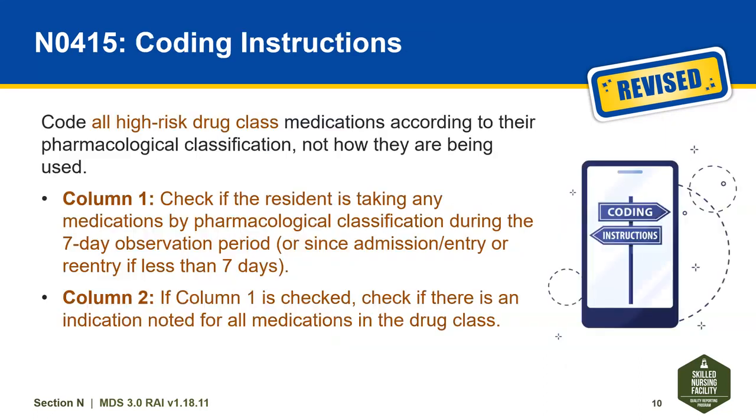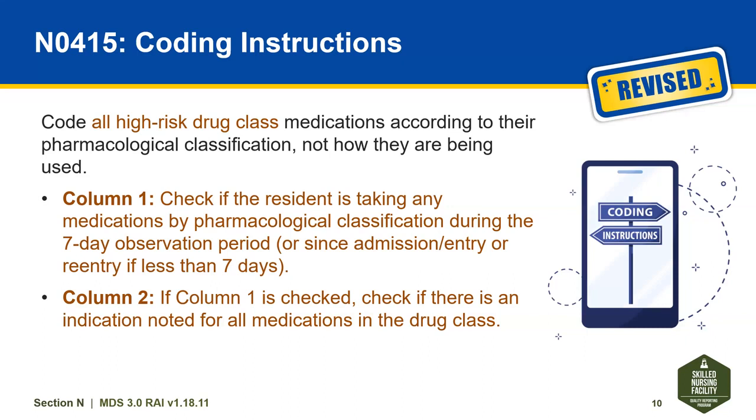Here are some new coding instructions. Code all the high-risk drug class medications according to their pharmacological classification, not how they are being used. For column 1, check if the resident is taking any medications by pharmacological classification during the 7-day observation period, or since admission, entry, or re-entry if less than 7 days.